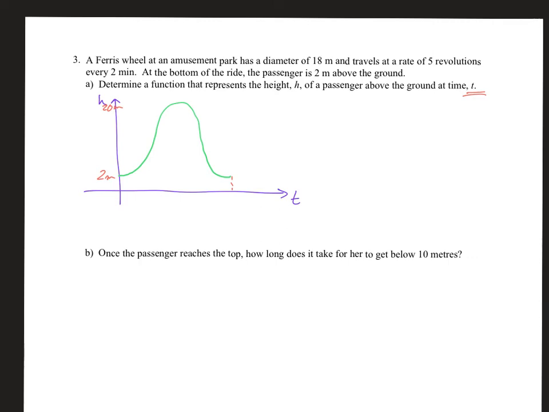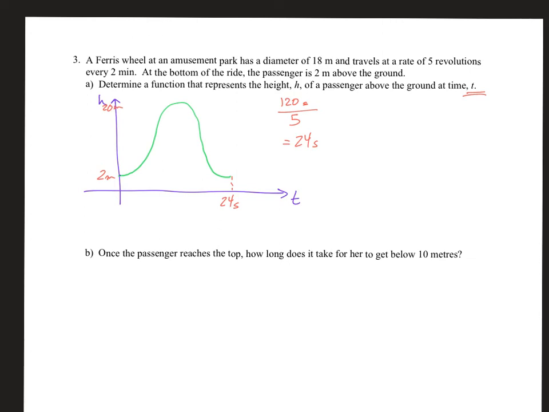So when I see 2 minutes, if I change 2 minutes into 120 seconds, then I can divide that by that 5, and I'll see that I actually take 24 seconds to complete a rotation. I think a lot of people would prefer to use 24, that is, use seconds as your units as opposed to minutes. So I'm going to build my equation given that information.